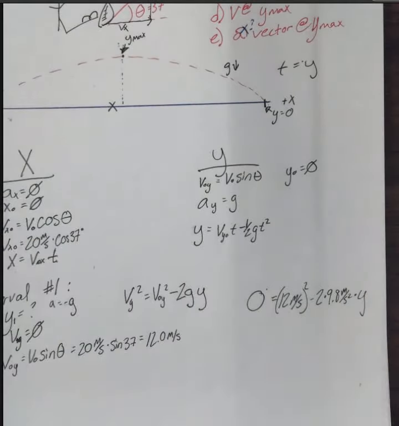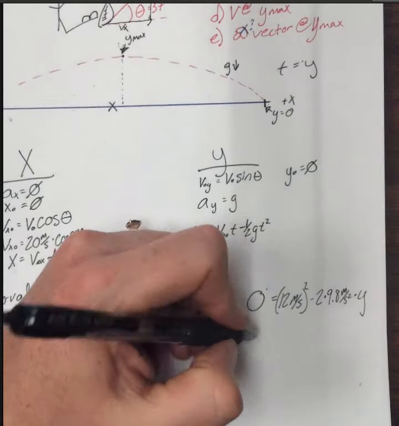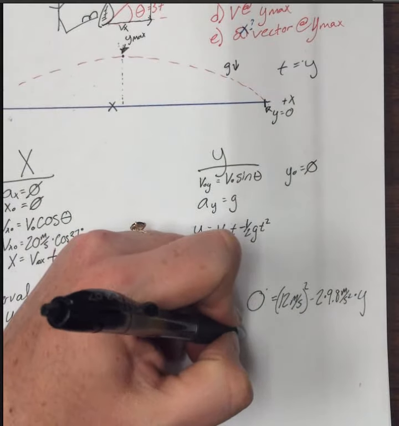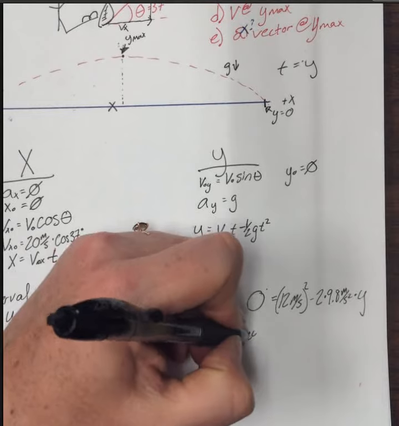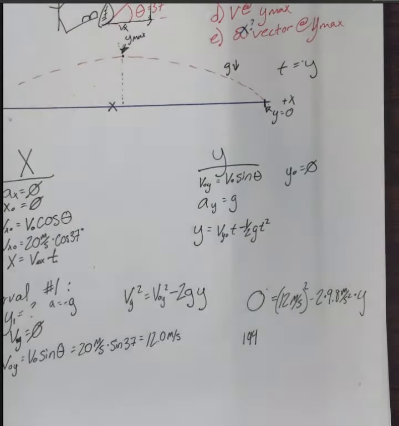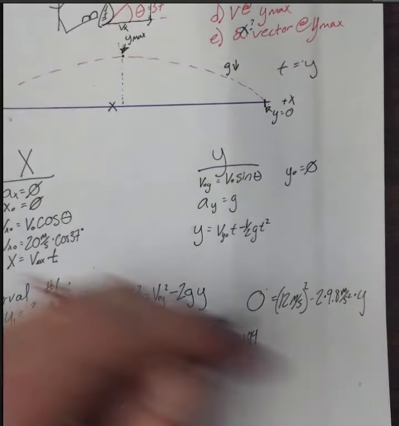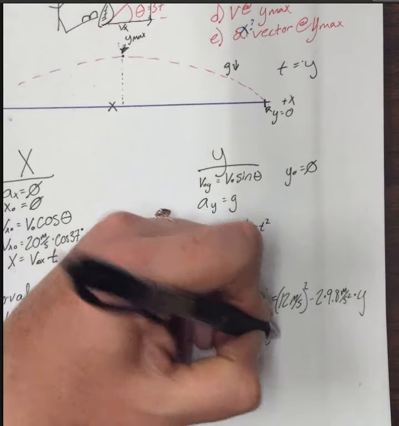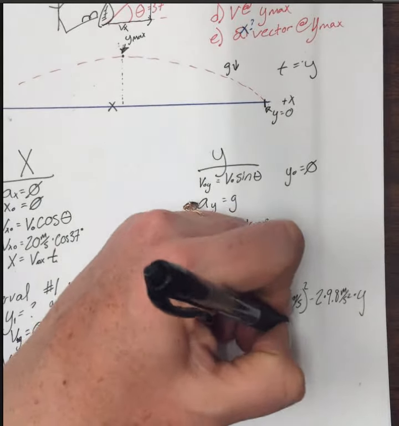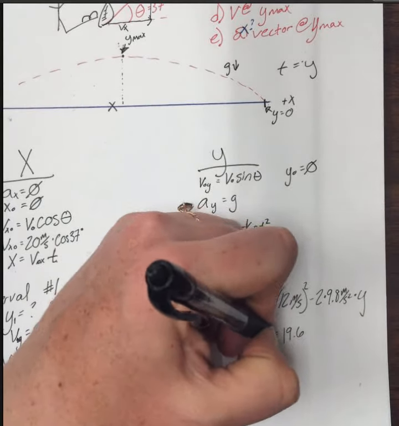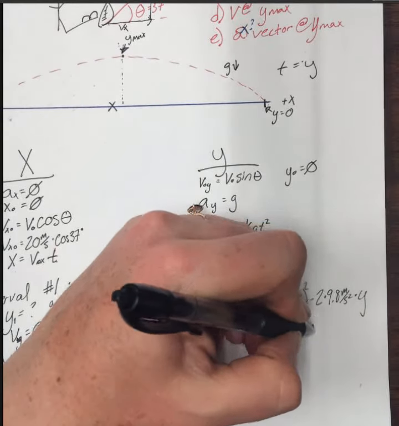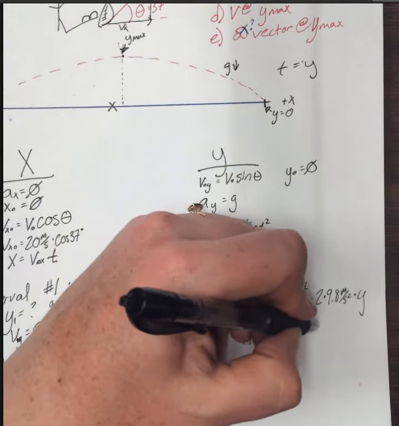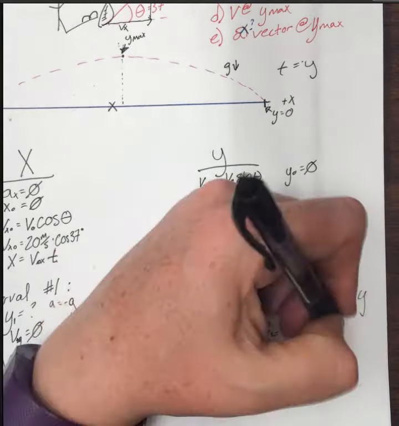So now I get that 144, that's 12 squared, right? Meters squared per second squared is going to be equal to 19.6 meters per second squared times y.